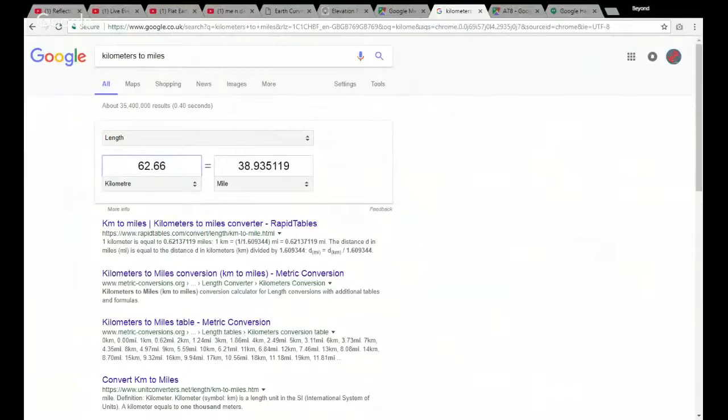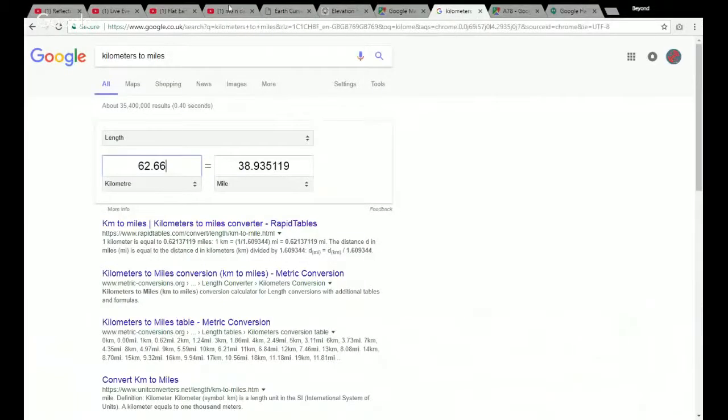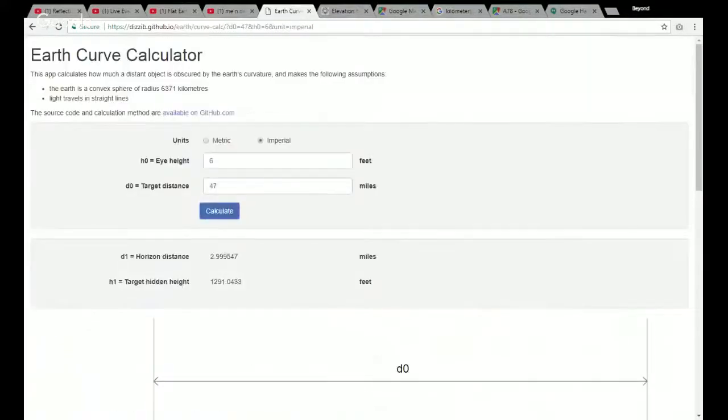So 38.9 miles. Right. Earth calculator: 38.9 miles, 6 feet. Calculate: 859 feet of curvature. Okay, so that is for observation 1.